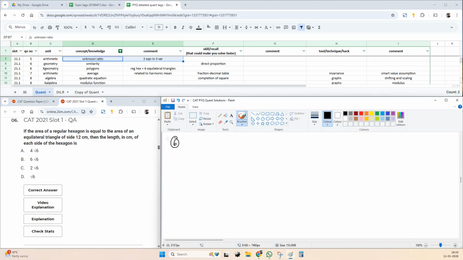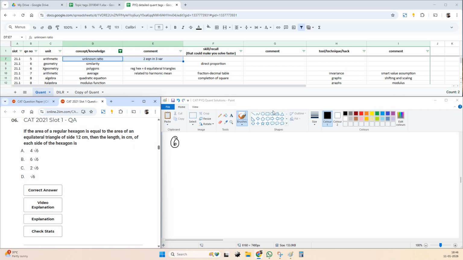6. If the area of a regular hexagon is equal to the area of an equilateral triangle of side 12 cm, then the length in centimeter of each side of the hexagon is how much? Now there is the simple way of doing this with a little more writing, and there's a more efficient way which might be slightly harder to understand, but it's actually more efficient.